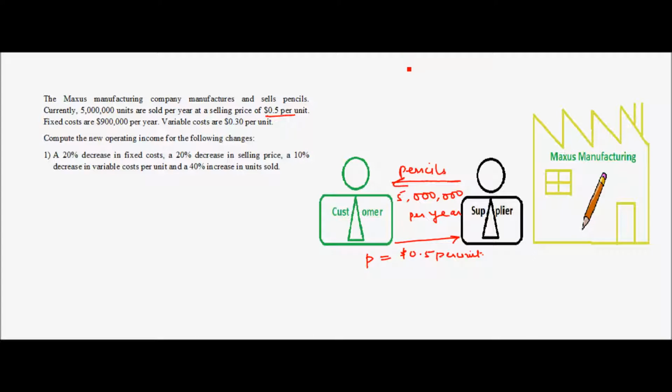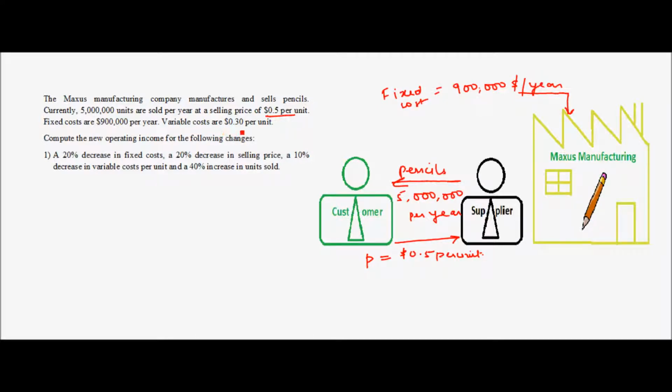Now the fixed cost is $900,000 per year. So let's say this manufacturing facility is on lease and the per year cost is $900,000, and this is the fixed cost.